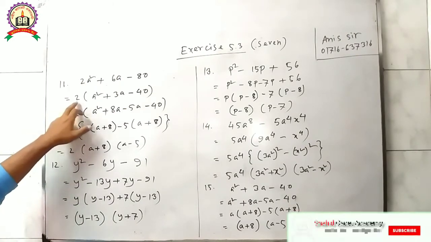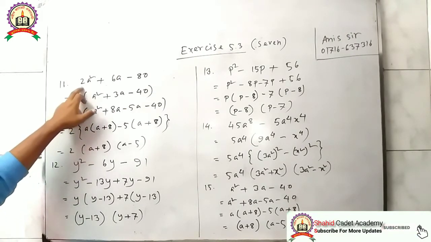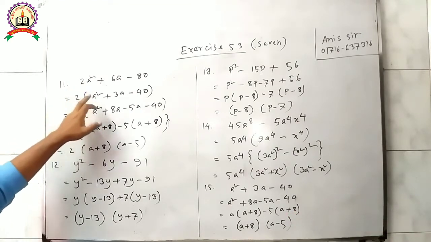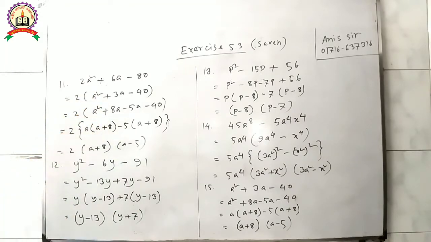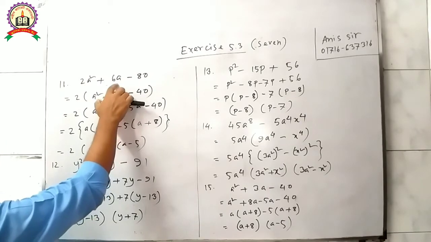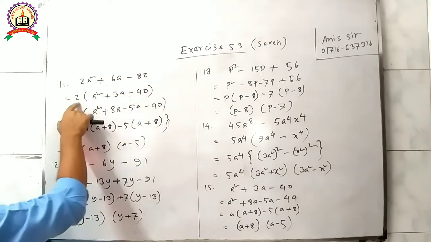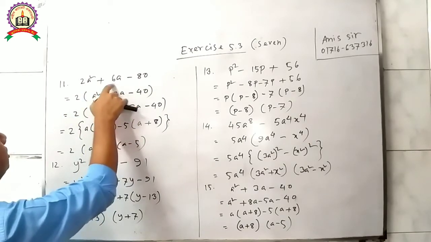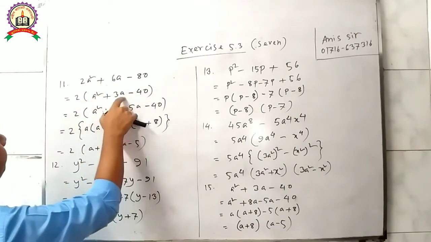If we take 2 as common, then here we get a square, that means 2 divided by 2. In the second term, 6 divided by 2, we get 3a.